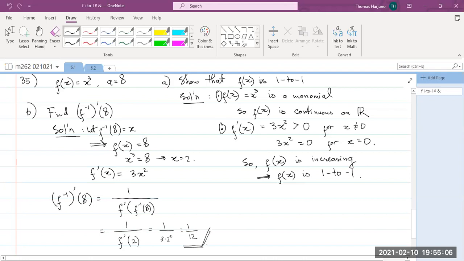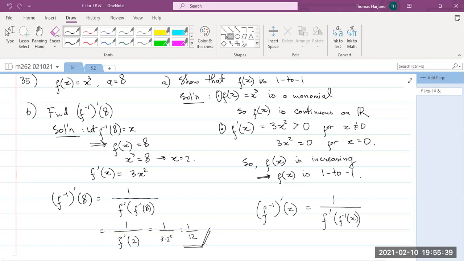Oh man, that was so easy, and yet I don't know why it felt so complicated. Basically, if you look at the theorem or the formula, the derivative of the inverse function at x is the reciprocal of the derivative, or the slope, of the function at the inverse of that x.